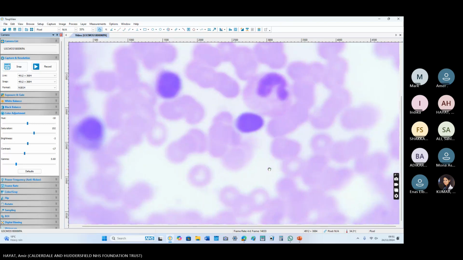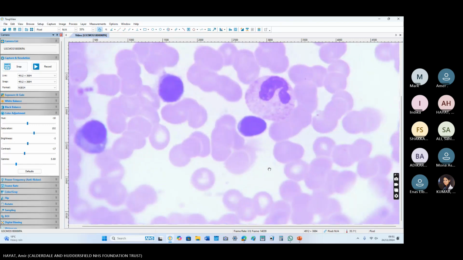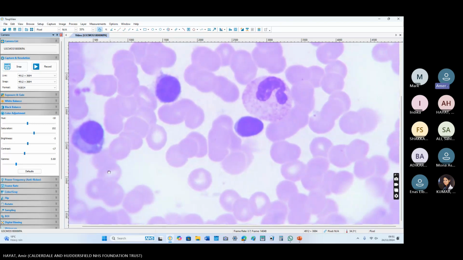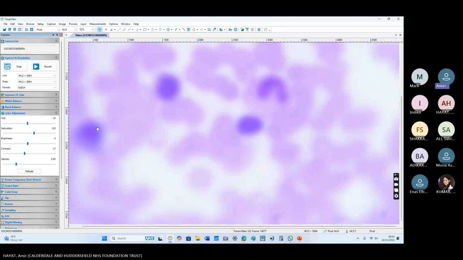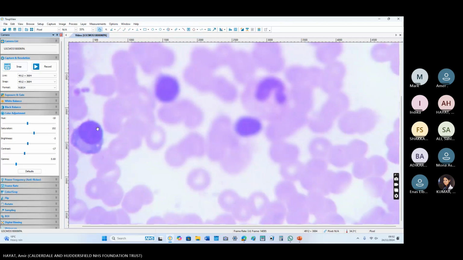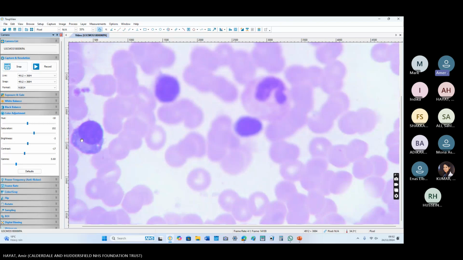This was the cell that I was talking about. This one. This is a eccentric nucleus, cytoplasm, and a halo here.